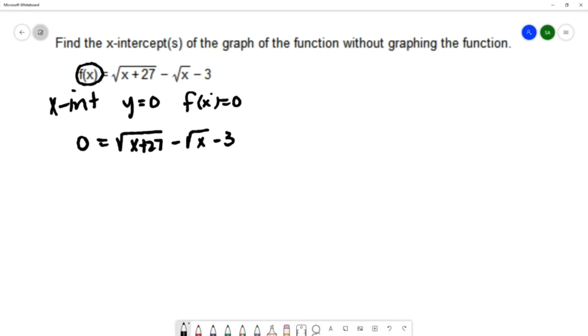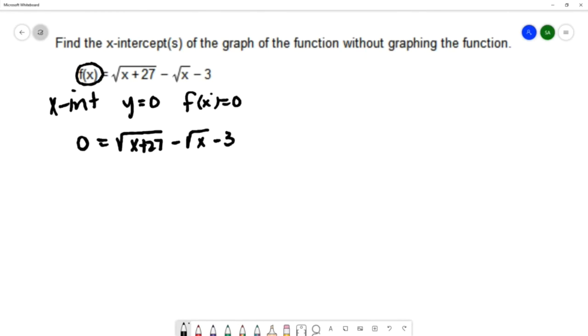So we've got to isolate a radical, and since these are square roots, the opposite is to square. But the problem is that you can only do one at a time. So we're going to have to go through this process a couple times to eliminate the radicals, and then once we eliminate the radicals, then you can actually solve the equation.